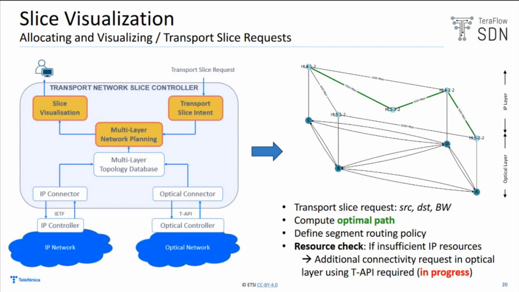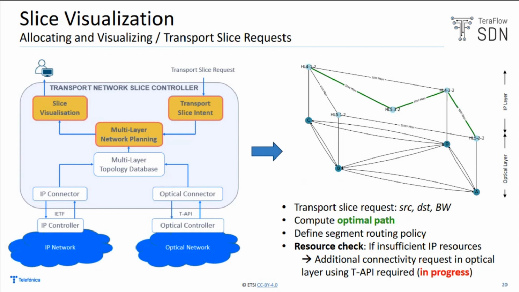In the case that the IP topology doesn't have enough resources, we need to combine with the optical topology. For the IP, it appears like a new link between the IP nodes, but we are going through the optical topology. Later, I will explain in more detail in the demo.